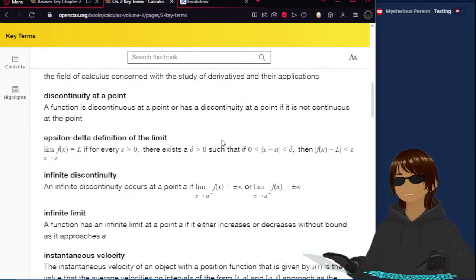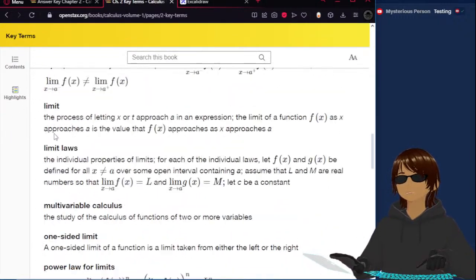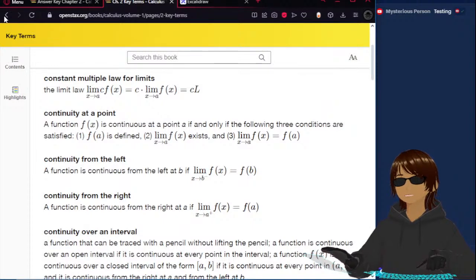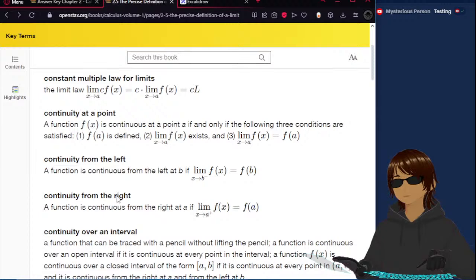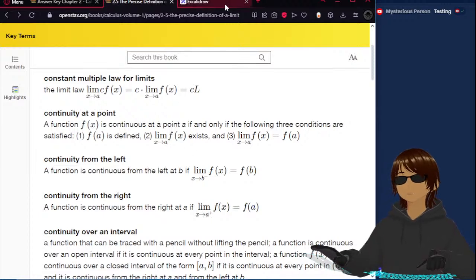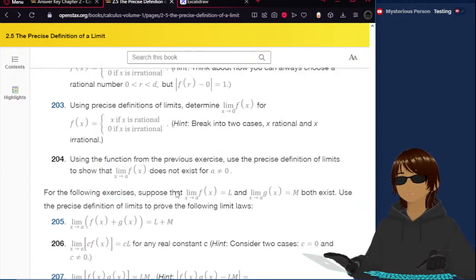Okay, I think that's the end of the chapter. I think I need to do more work on the precise definition of a limit. And I think I will end the stream here.